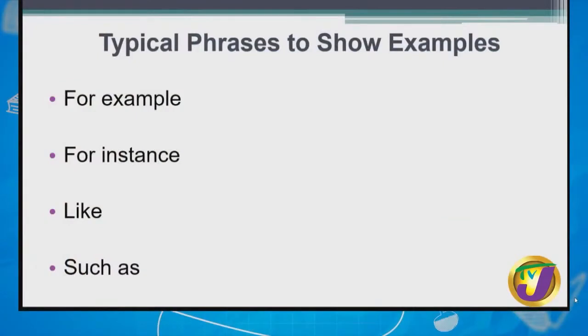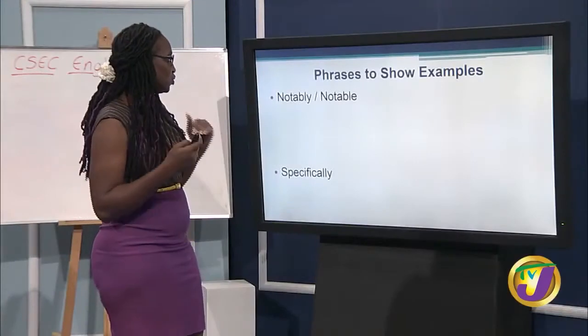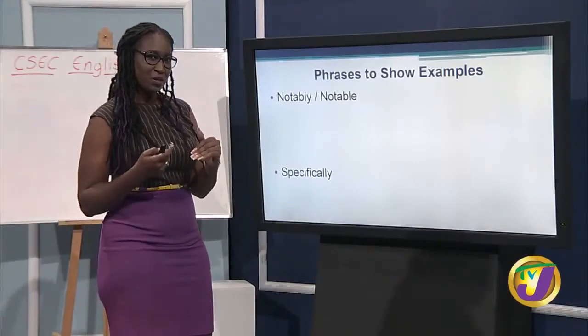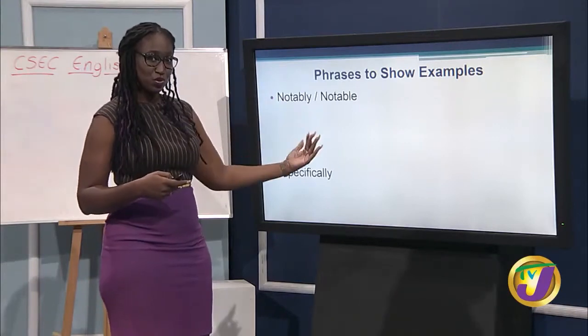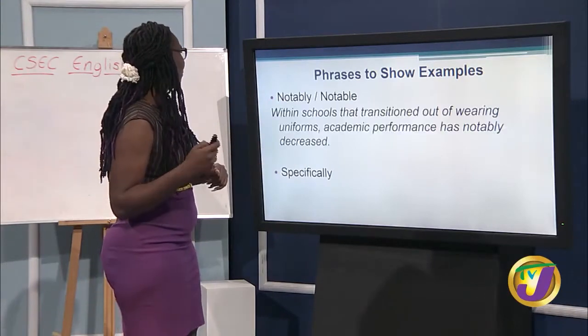And then you have "for instance," you have "like," and you have "such as." So look at these now: "notably" or "notable" and "specifically." What can you use these to do in your writing? How can you employ them to bring up the example that you want to show? So let's look at that quick.